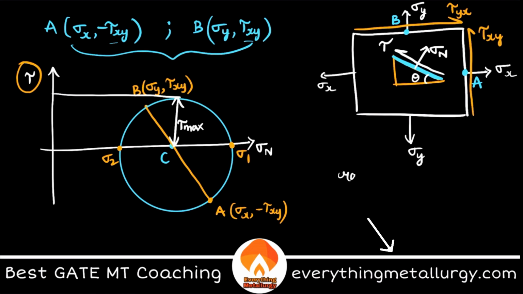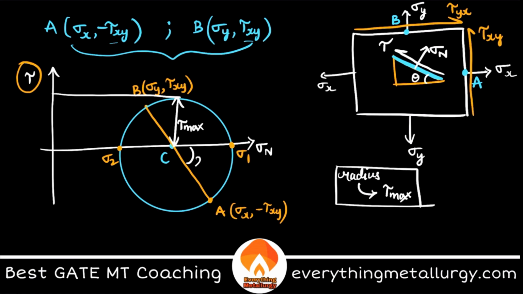So the radius that you see on the RHS is nothing but the maximum shear stress a particular plane can observe. Okay. And of course, I told you this angle is 2 theta, right? So on the physical material, the angle is theta, but on the Mohr circle, the angle would be 2 theta.